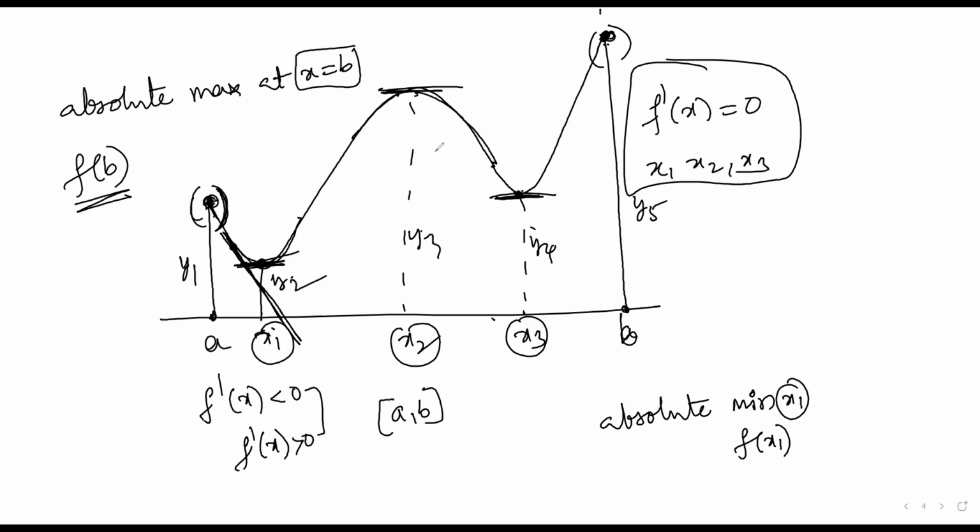So by this you can understand, y5 is maximum and y2 is minimum. Absolute minimum we got, absolute maximum we got. That is what we are applying. Got it or not?